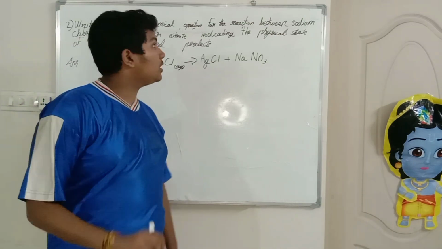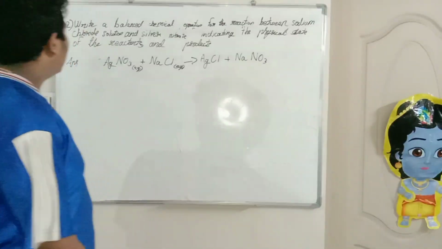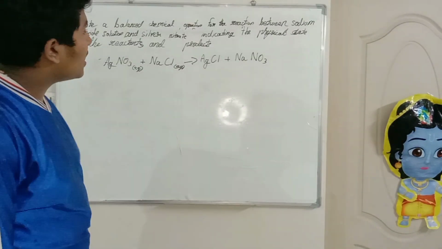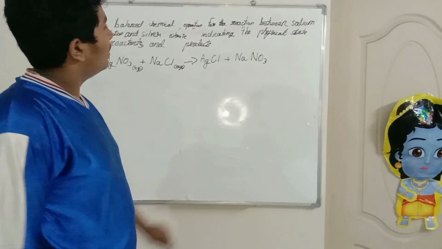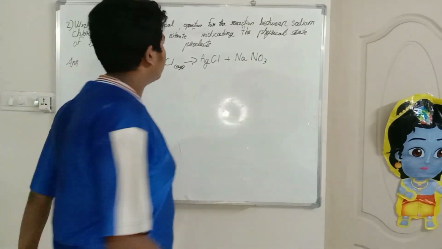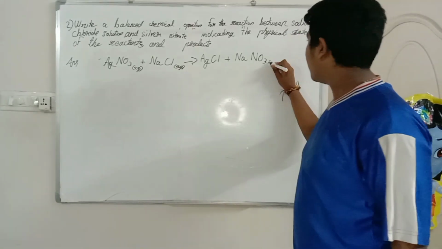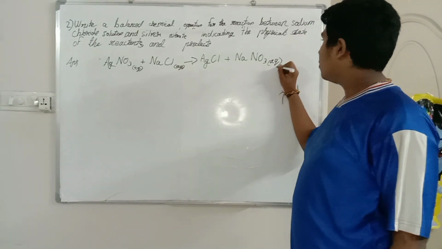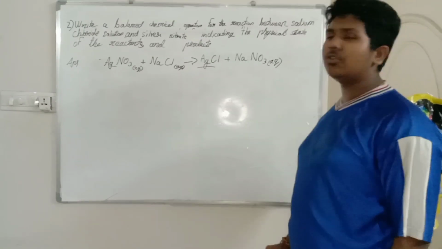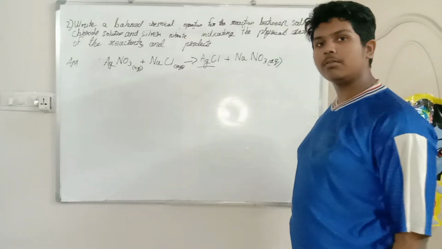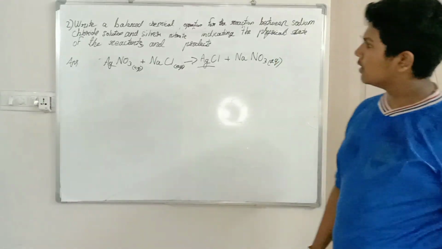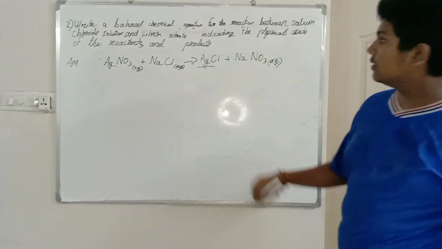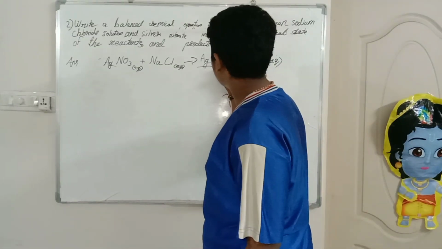Now AgCl, that is silver chloride. This one, sodium nitrate, will be aqueous, while this one, what's it going to be? Will it be aqueous? No, right? It will be solid.